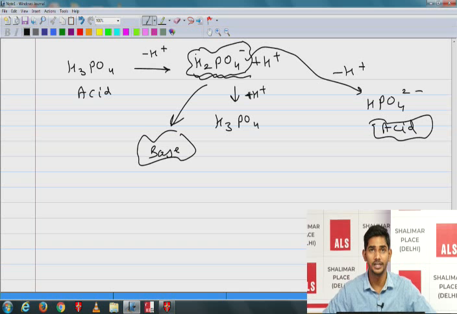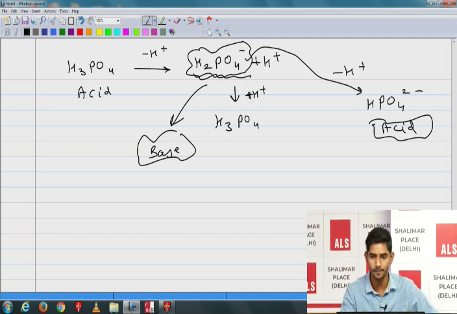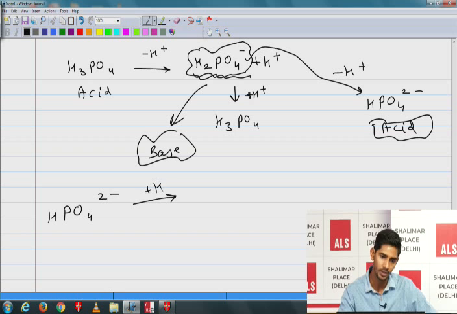That's why we can say it is an amphiprotic substance, just because of its ability to accept as well as donate H plus.